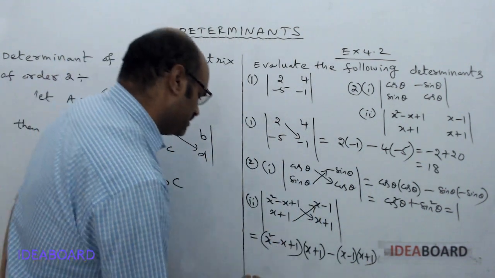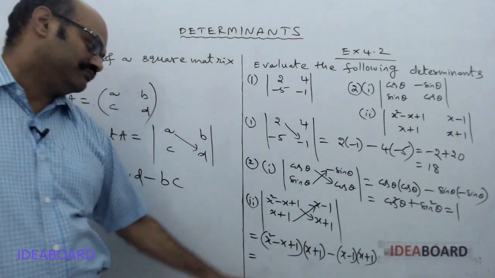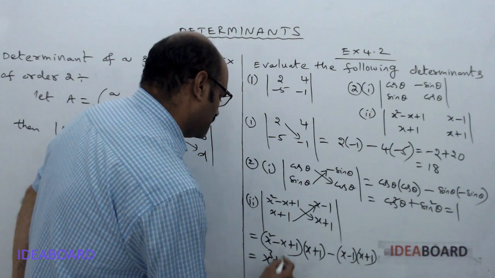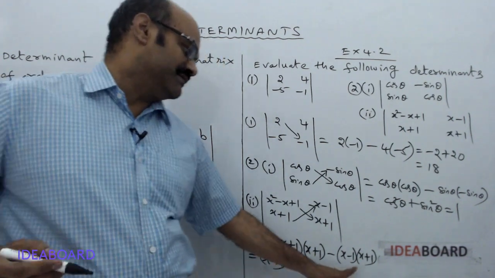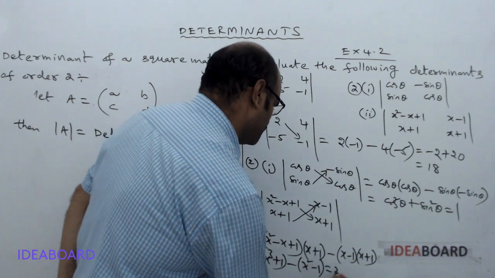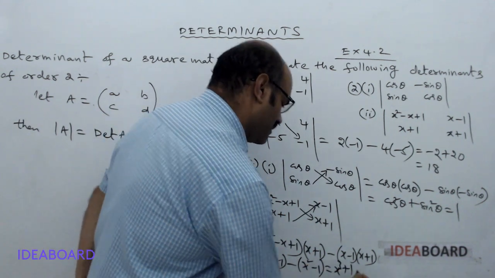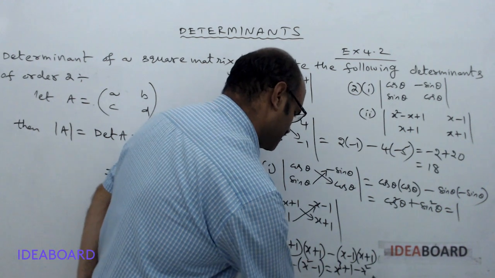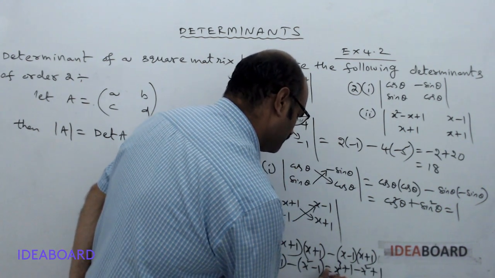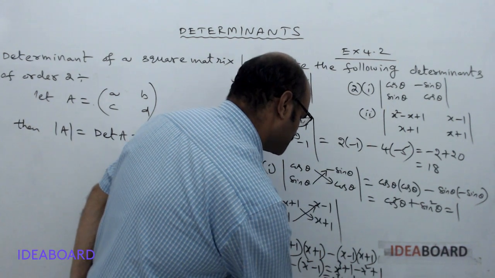This can be taken as x cube plus 1 minus of x minus 1 into x plus 1, equal to x square minus 1, so x cube plus 1 minus x square plus 1 equal to x cube minus x square plus 2 is the answer.